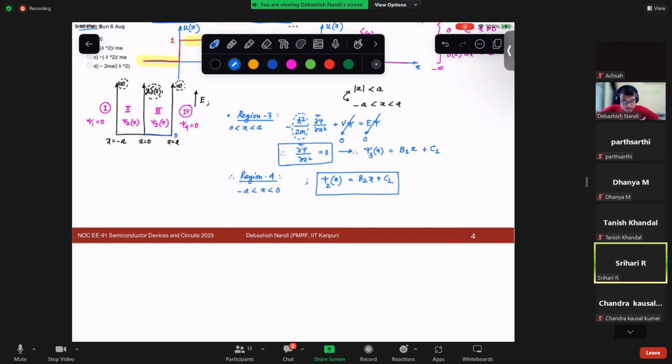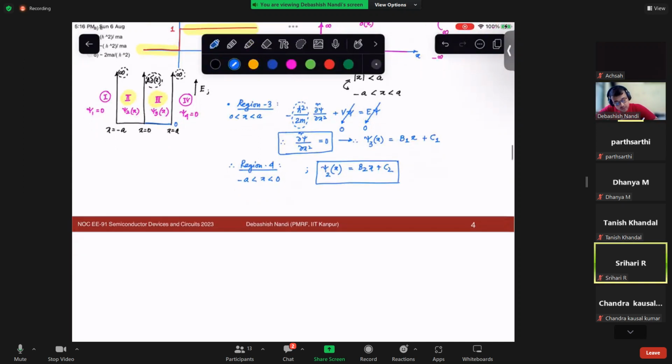This second equation, the constants b2 and c2. Sir, this equation is for which region? Either 2 or 4. You see, this is region 2, this is region 3, right? Okay, sir. So you have these two solutions now. So what is the next step?